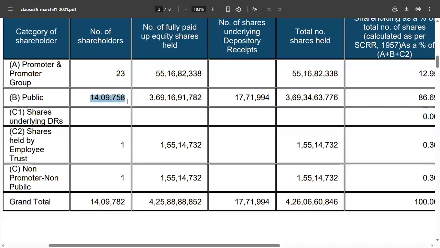Now, if you come to the second column, the number of fully paid up equity shares, I'll just show you the working.